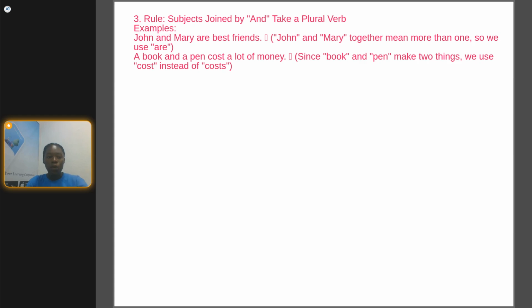So they cost. You will not say they costs because the subject is not singular. The subjects are plural, so there is no need for you to add s to the cost. So a book and a pen cost a lot of money. Okay, so just like the explanation says, since book and pen make two different things, we use cost instead of costs.